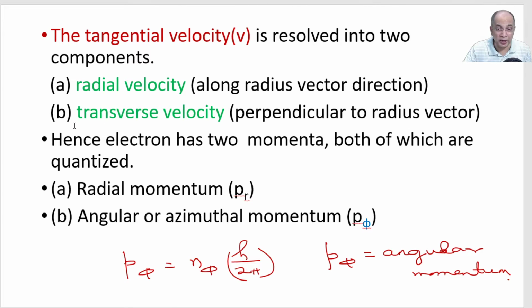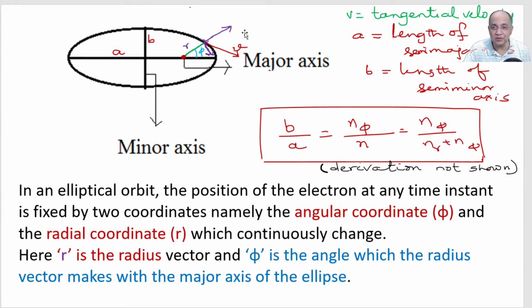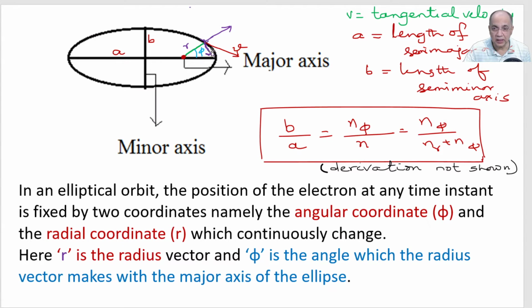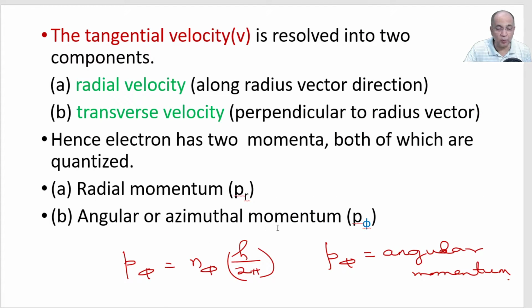So corresponding to the transverse velocity, the momentum is not called transverse momentum, it is called the angular momentum or the azimuthal momentum. So there are two momenta, one due to the radial velocity vector, and the other due to the transverse velocity vector, that is called the angular momentum or azimuthal momentum, right?